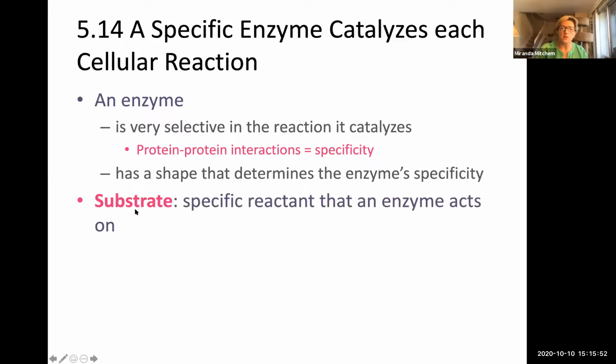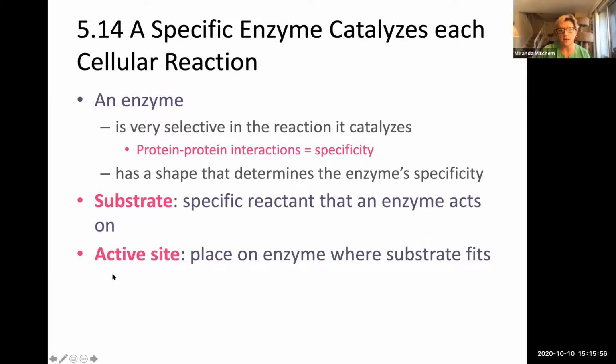So the reactant is called a substrate when we're using the enzyme. And the place on an enzyme where the substrate fits is called the active site of the enzyme. So the active site is part of the enzyme where the substrate binds.